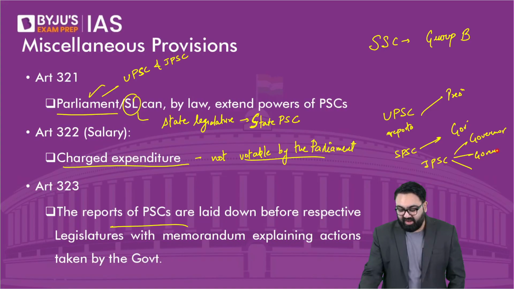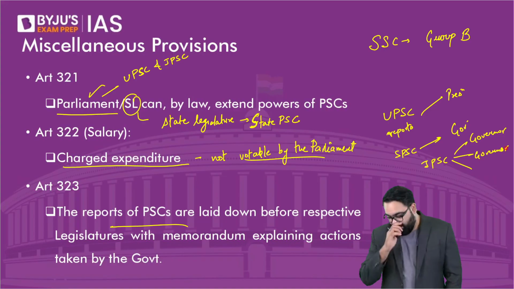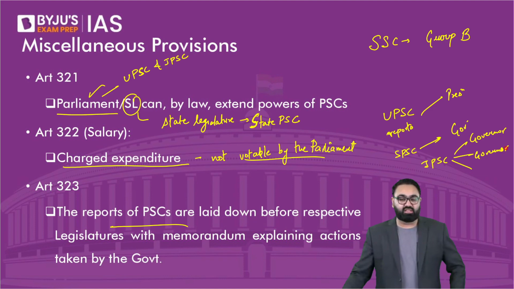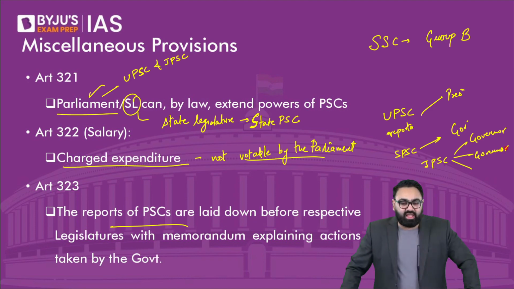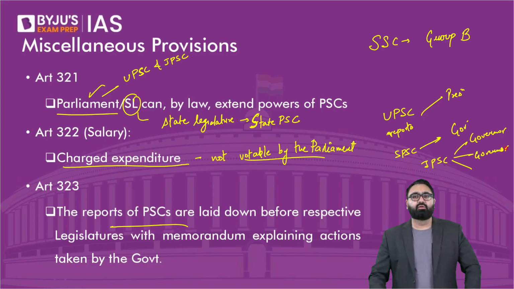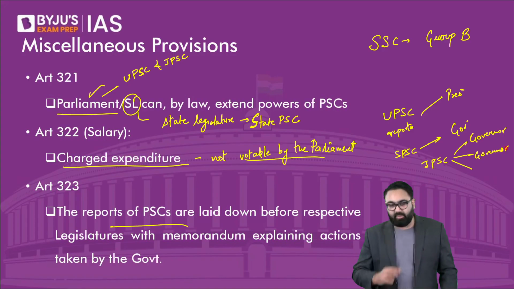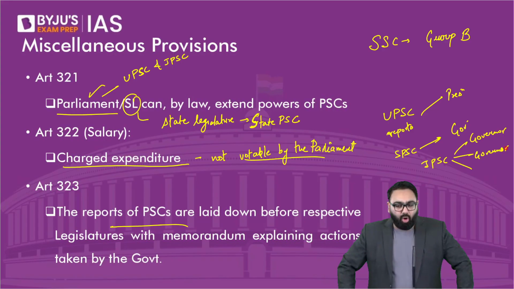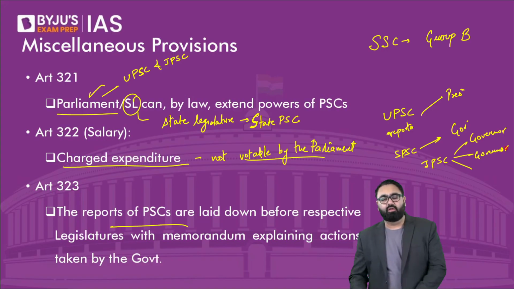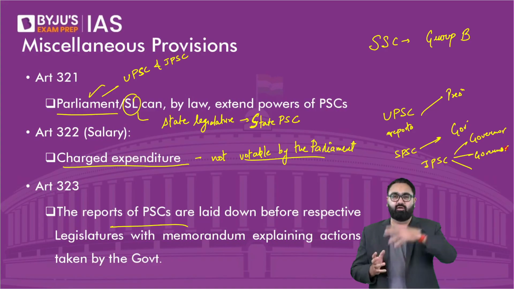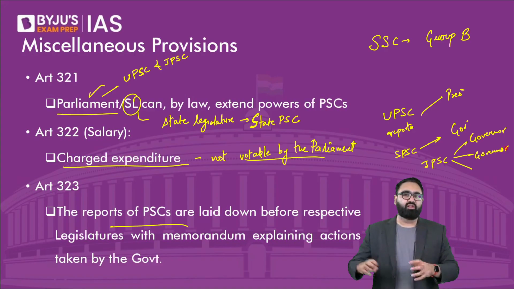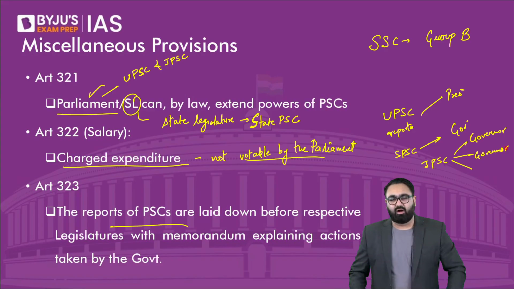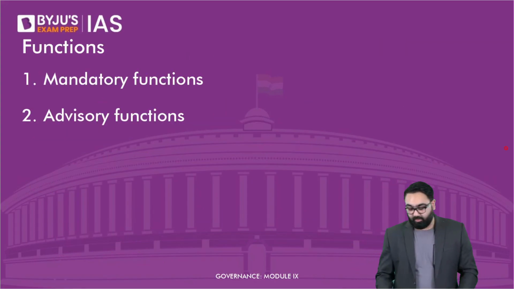So let's say one report to Governor of Haryana, one report to Governor of Punjab about their states. Whatever work they have done throughout the entire year, examination, any other advice they have given to the Government of India or the government of the state, all of that will be put in an annual report, given to the President. President will give it to the Parliament for discussion, or they'll get to the governor at the state level, and the governor will then give it to the state legislature to discuss the annual report.